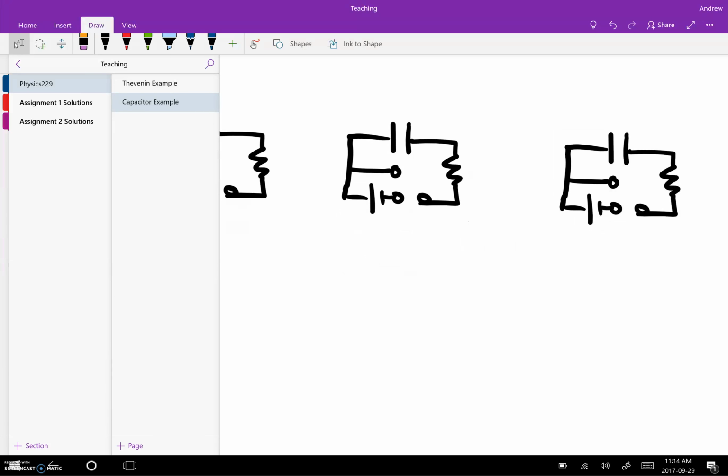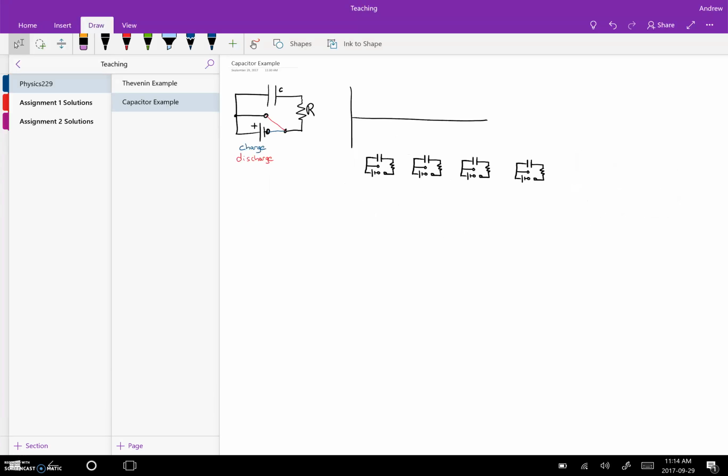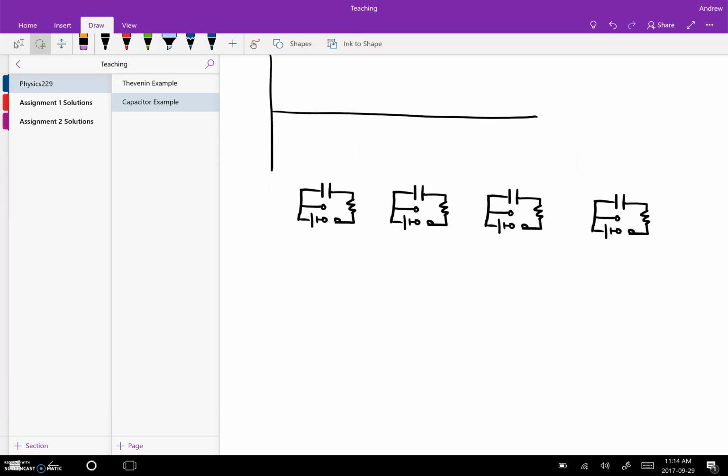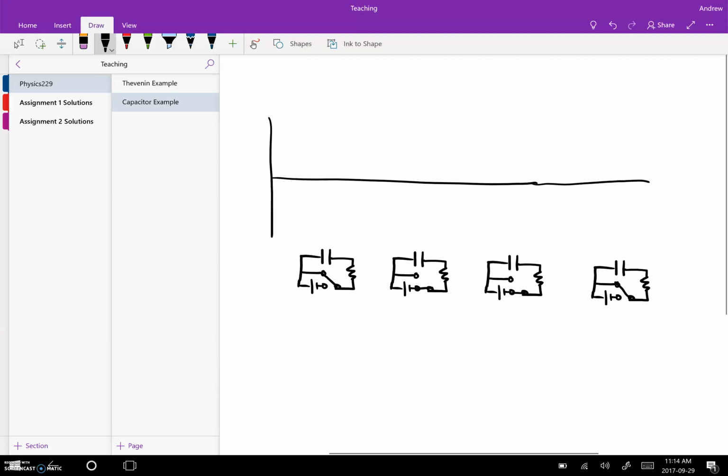So, what we're going to do is first have a capacitor which is just sitting there. It's been sitting there for quite a while. And then we'll connect the battery. We'll let it charge for a while, and then we'll disconnect it. So let's look at the battery voltage before we do anything else.